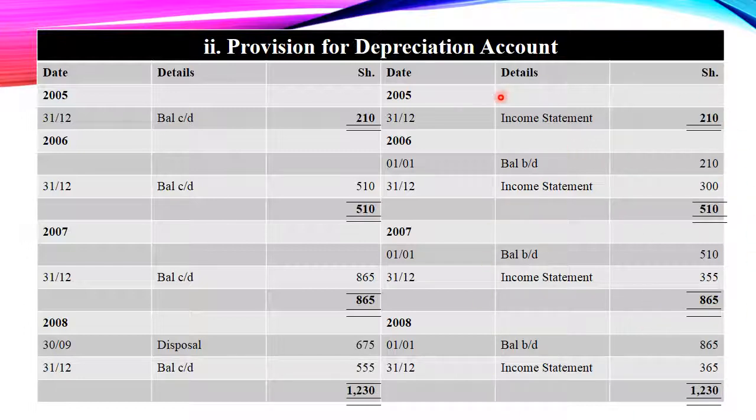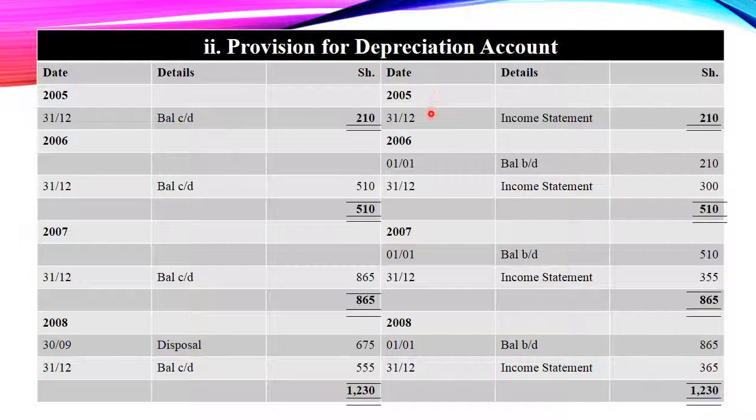So we start with the first year. In 2005, the provision for depreciation, remember, is determined at the end of the period, just like we have done in the calculation for the depreciation, which we were calculating for the whole year. So the provision is based on a whole year and therefore is provided for at the end of the period.